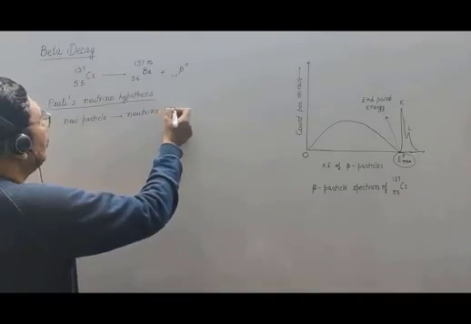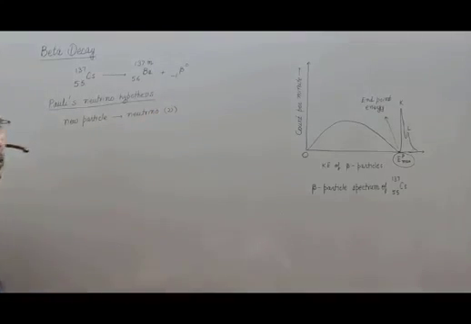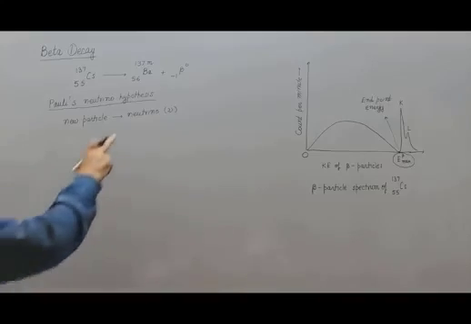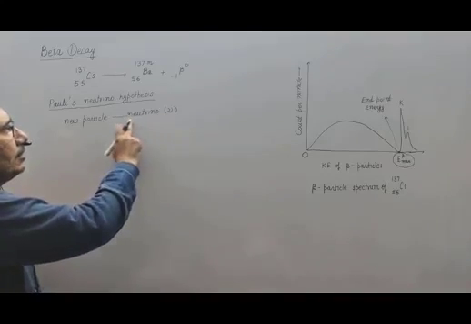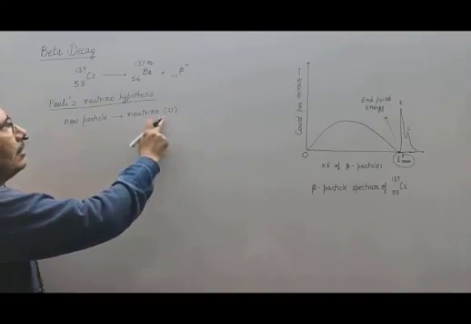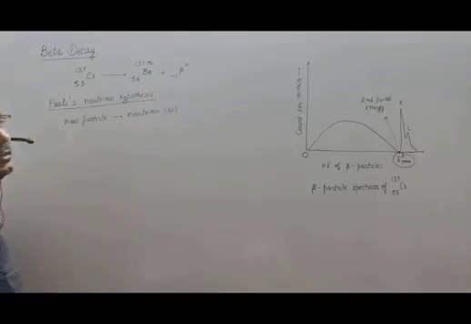And according to Pauli, this neutrino particle is also emitted in this beta decay process.